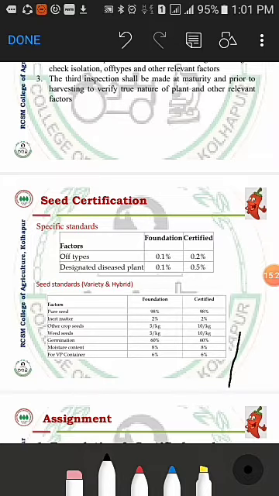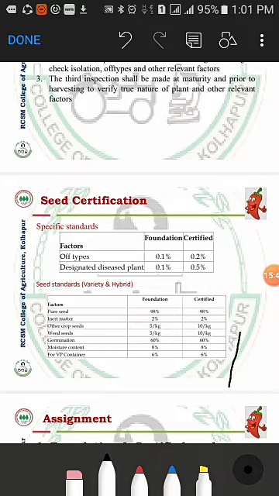Suppose in maize there are single cross, double cross and three-way cross hybrids. In foundation seed production for a single cross you have to maintain the A line and the B line.